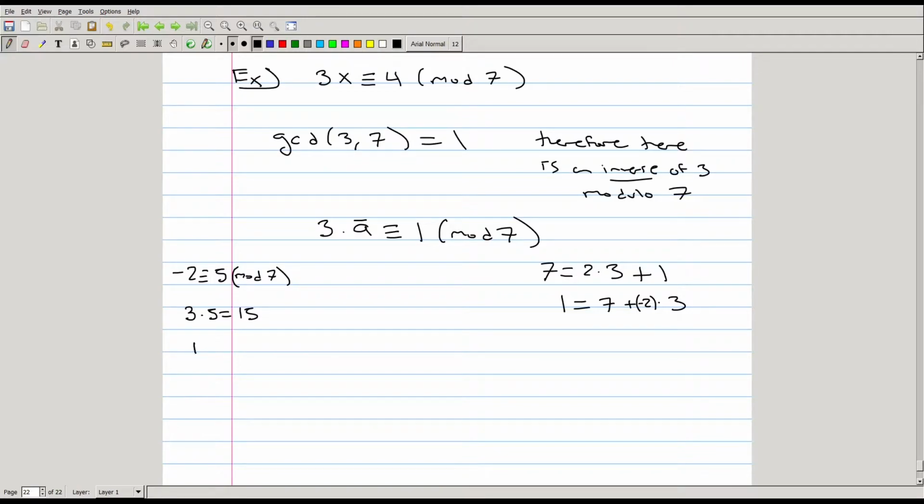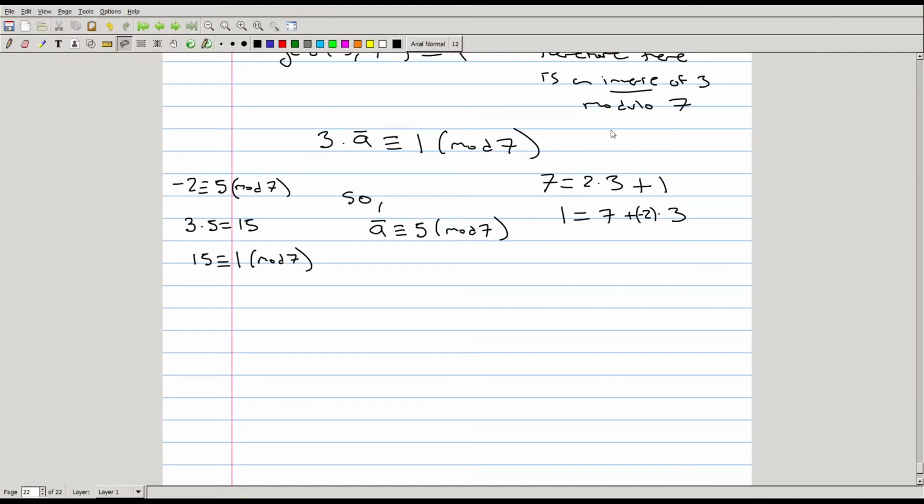And 15 is congruent to 1 mod 7. So for this reason, a bar, the inverse of 3 mod 7, is, or I shouldn't say equal to, it's congruent to 5 mod 7.